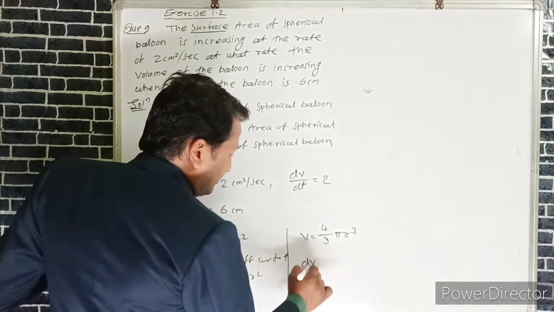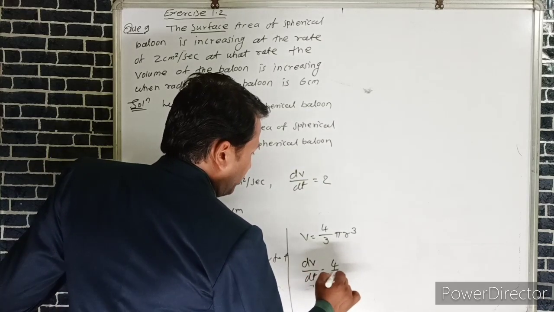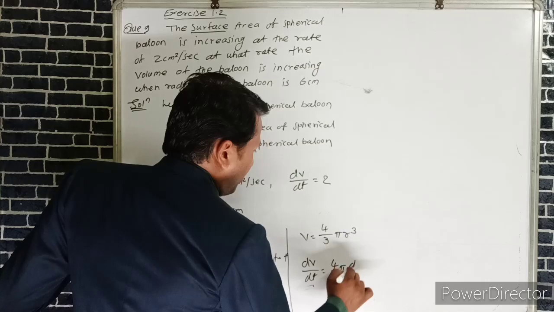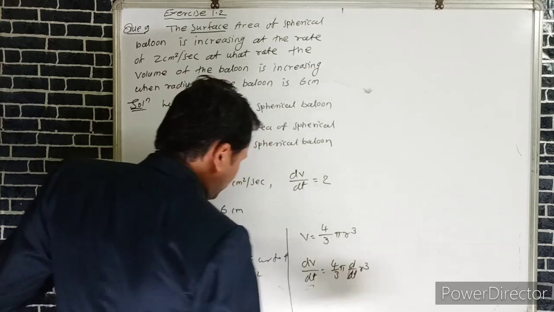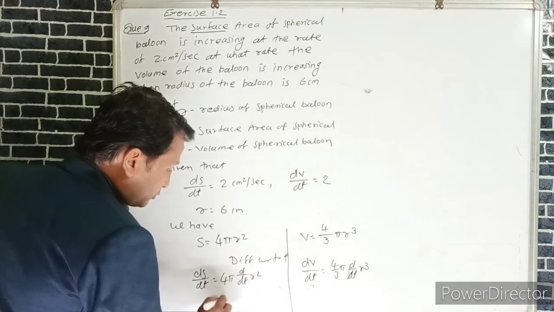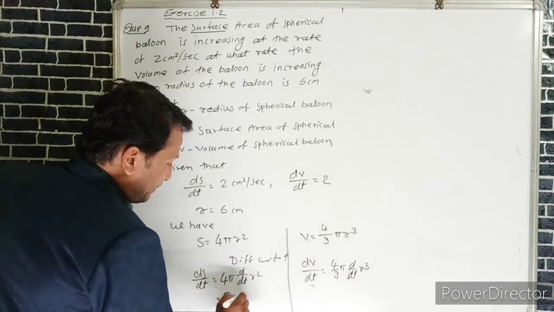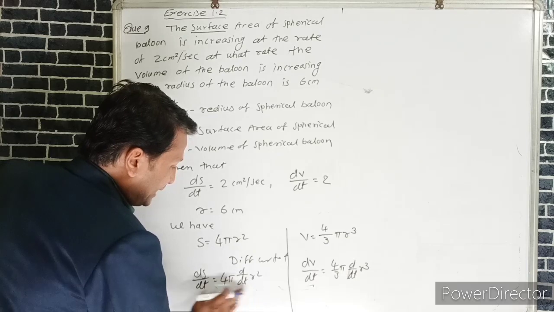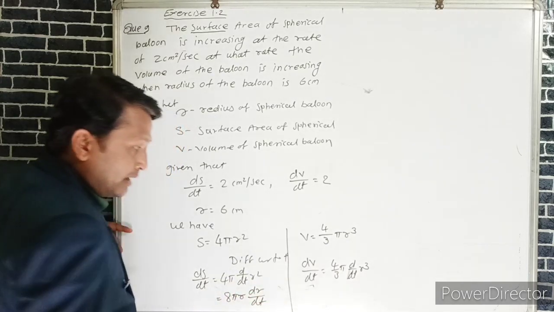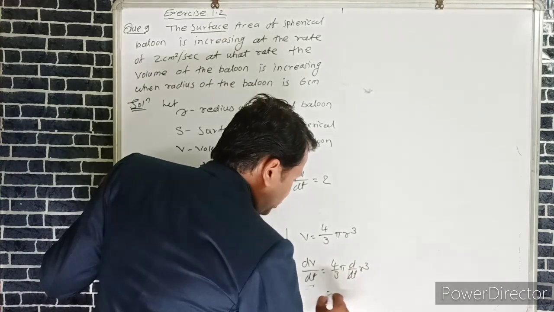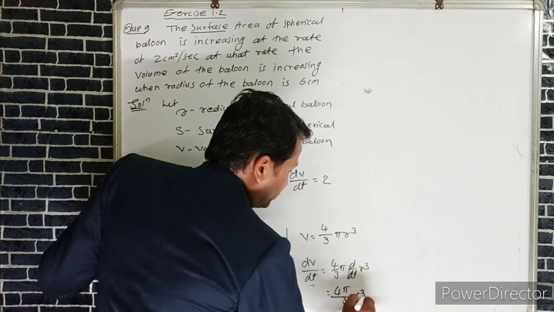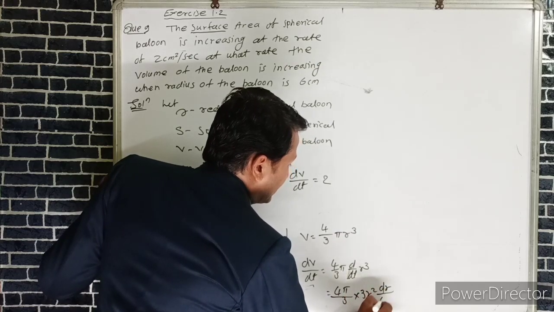Again dv upon dt is equal to 4 by 3 pi times the derivative of r cube. The derivative of r square is 2r, which gives 8 pi r into dr by dt, and for r cube, 4 pi upon 3 into 3r square into dr by dt.